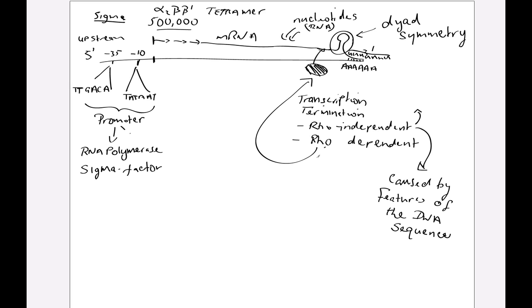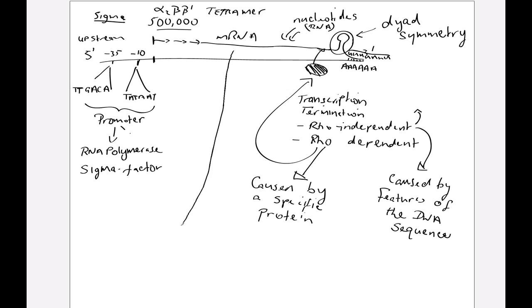So rho-dependent termination is caused by a specific protein. So this is transcription initiation. This is the generation of the messenger RNA. So this is elongation, and this here is termination.